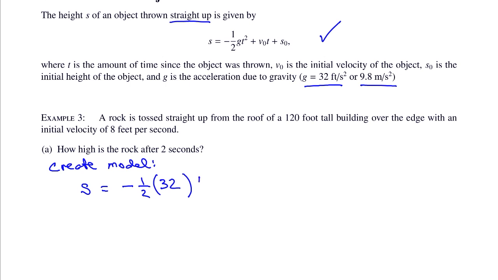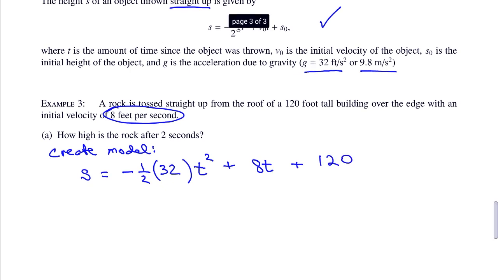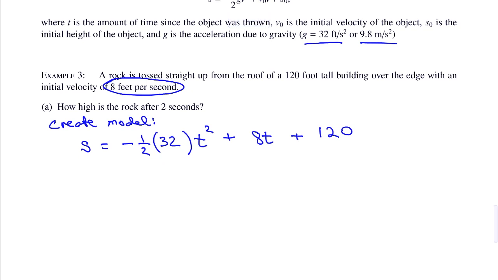T is the variable, time, so it's t squared, plus v naught is the initial velocity, so that's 8 feet per second, so we have 8t, plus s naught, the initial height, which is 120 feet. That's basically the model. Let's simplify a little bit here. So we get s is equal to negative 16 t squared plus 8t plus 120.